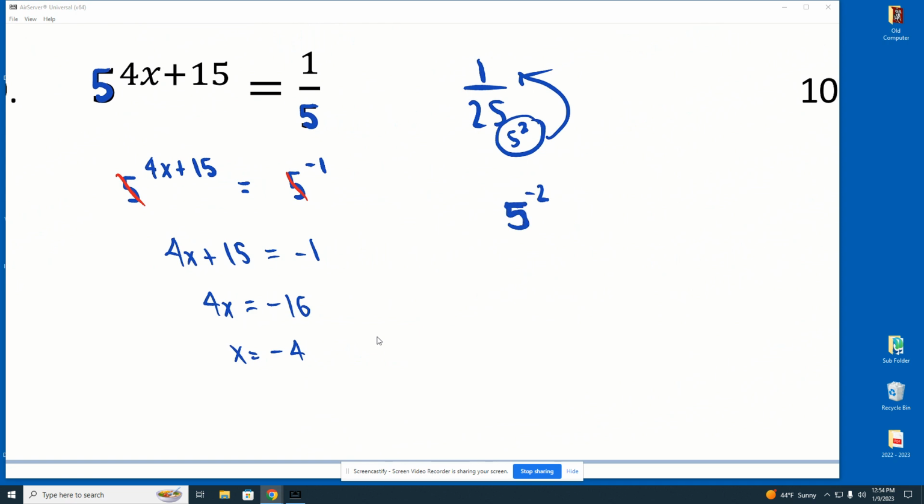So same thing here. This was 5 technically to the first power, but it was in the denominator. So I need to move it up, and that's what allowed the 5 to go up top. But I had to change that exponent to negative. Okay? Well, if it were 2 over 5, you wouldn't be able to do that.